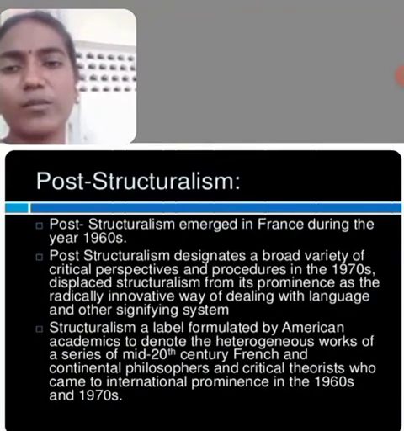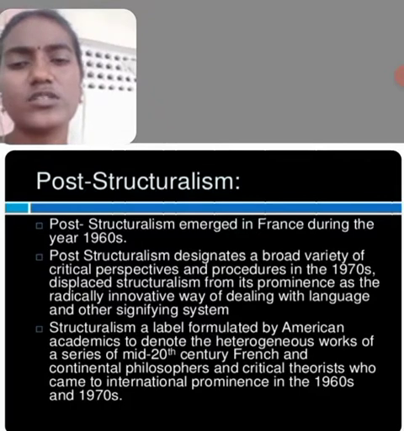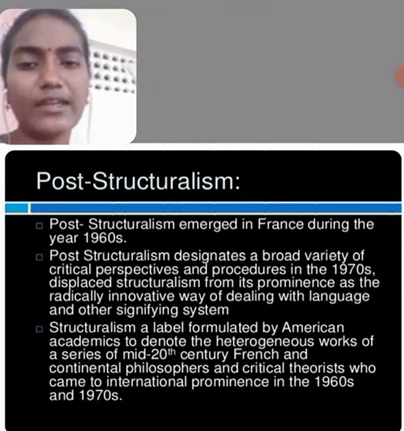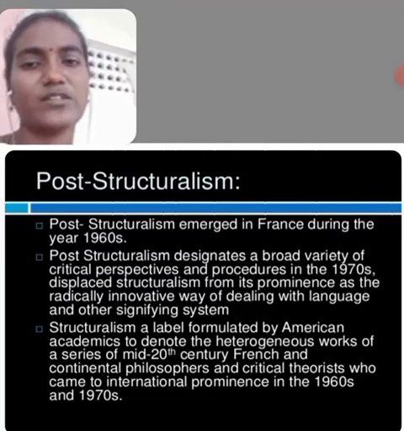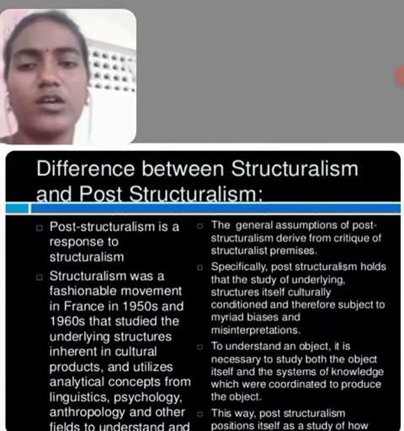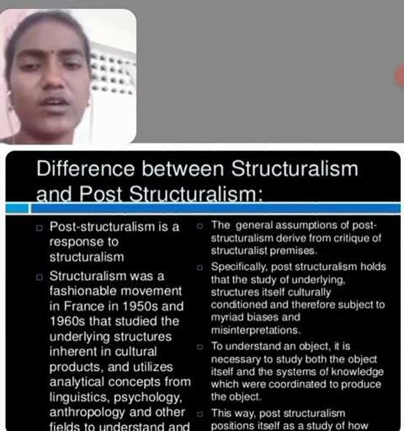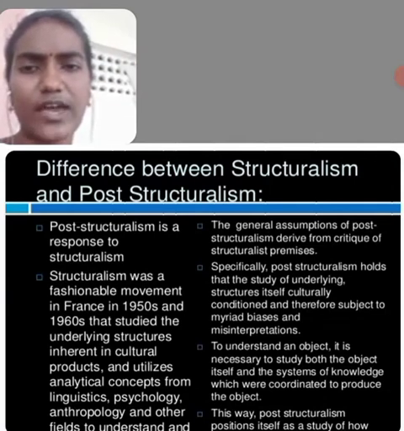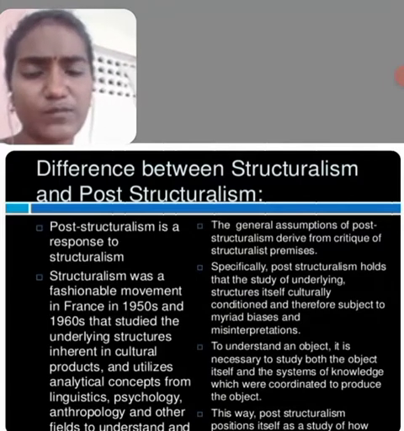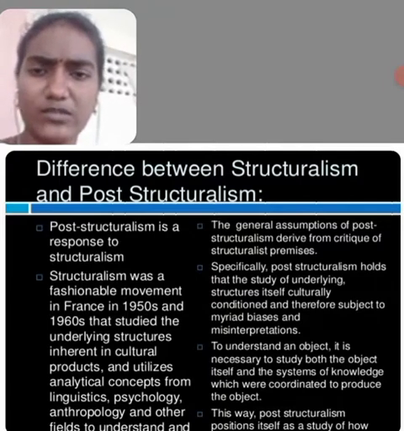Afterwards, post-structuralism arose in the 1960s. It is a variant of structuralism. It is totally in contrast to structuralism, but comes from structuralism. The difference is that a sign must be single in structuralism, but post-structuralism says that signs must not be single.